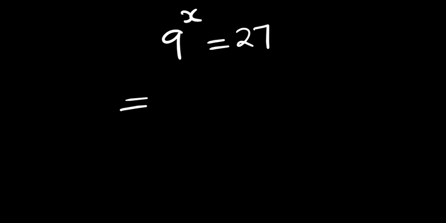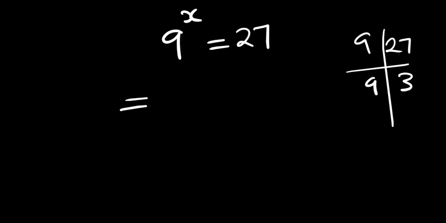Can 9 be expressed as 27? So if we say 9 into 27, that is a 3. Then 9 cannot go into 3.